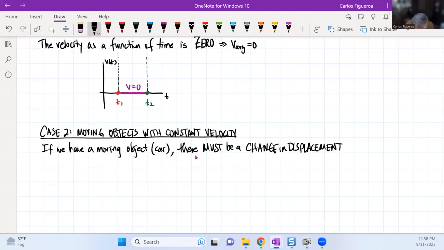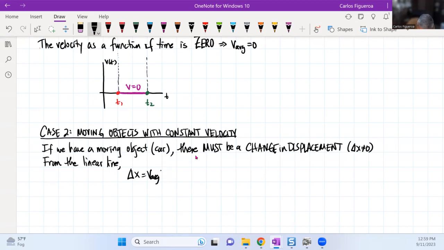In other words, delta x has to change. And so look how we define the linear line. From the linear line, we said that delta x has to be v average times t. So this immediately tells us, I said delta t, I should not do that.